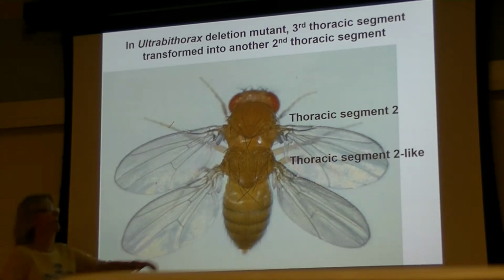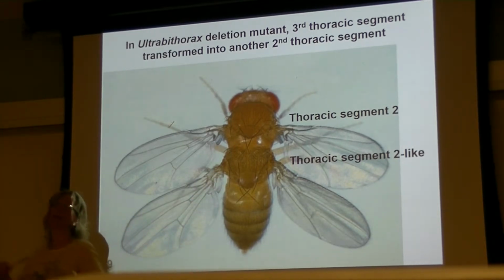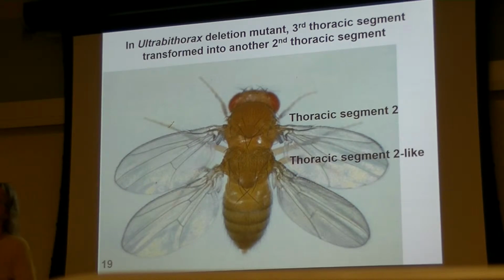It's a thoracic segment 3. When it changed, it took on a character of the more anterior-like segment, thoracic segment 2, with the pair of wings. So that was an anterior homeotic transformation. And this partly has to do with just which combination of Hox genes are expressed where in the embryo.